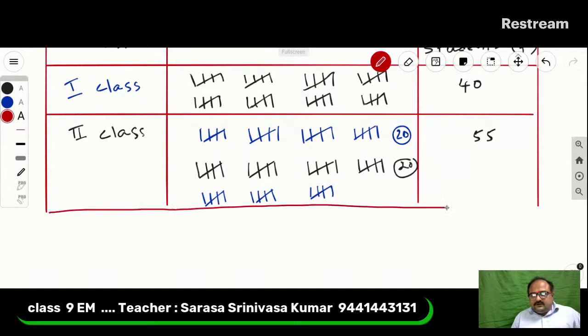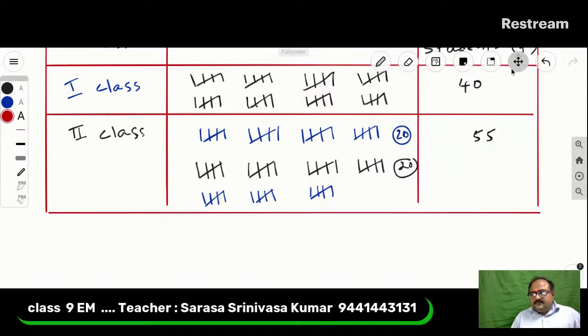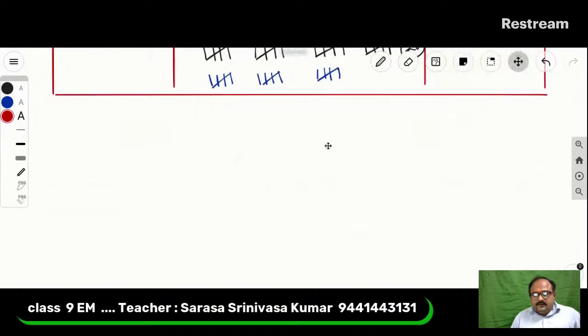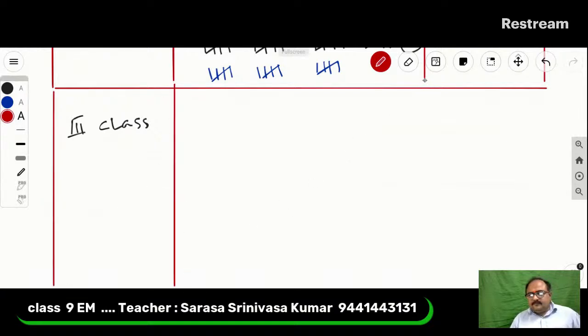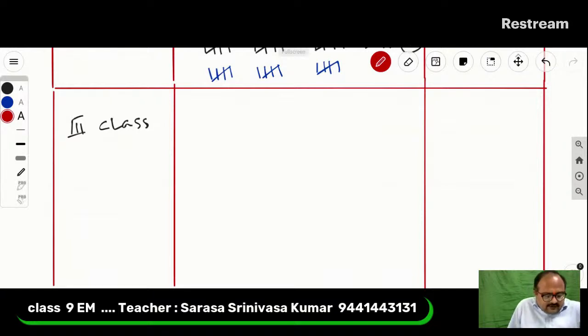Next we consider the third class. So we write third class. How many students are there in the third class? Here we observed 65 students in the third class.